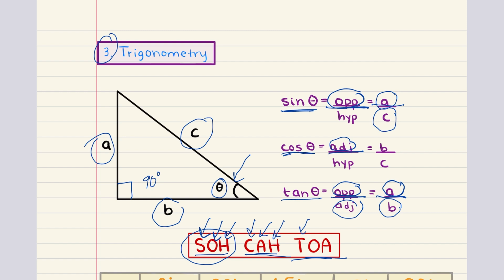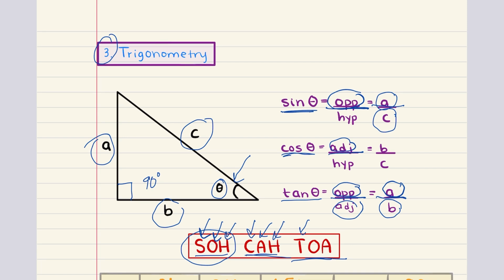In addition to these functions, I want to note that each one has an inverse function. However, you're not going to be expected to do these calculations without a calculator. Instead, inverse trig functions are most likely to appear in questions asking for the direction of a resultant vector in vector addition or subtraction.